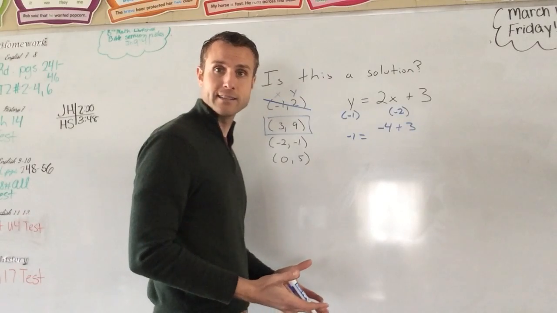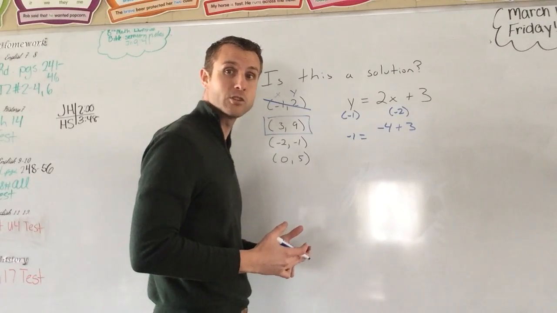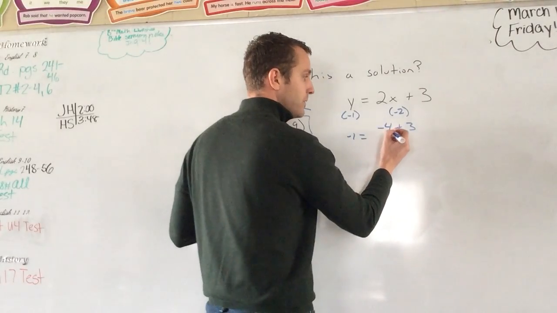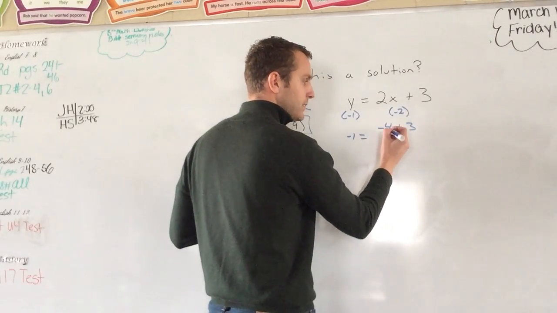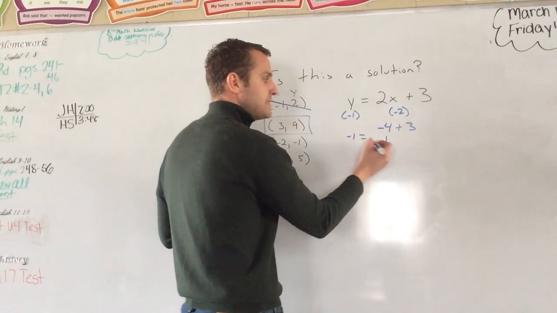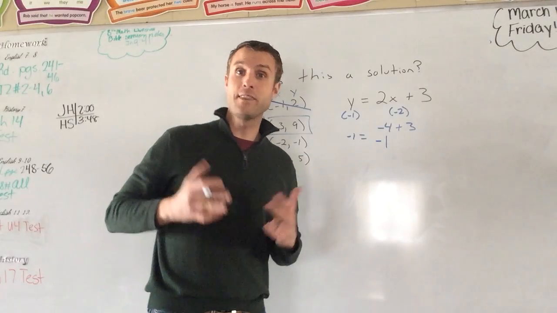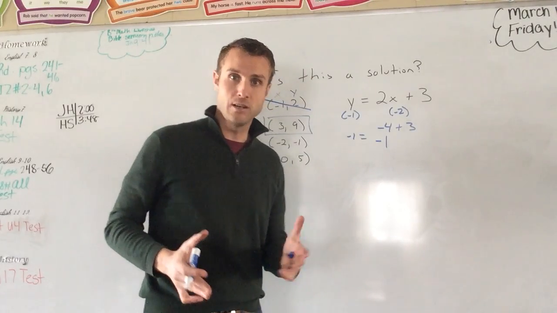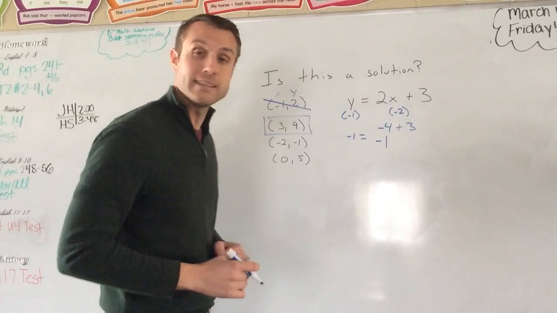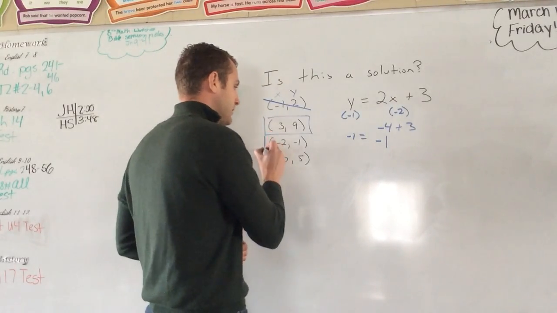I subtract and I take the sign from the number with the larger absolute value. So 4 minus 3 is 1. -4 is the larger absolute value, so this is going to be negative. Does -1 equal -1? Yes, it does. So this is a solution. When I end up with the sides equaling each other, that means it is a solution.